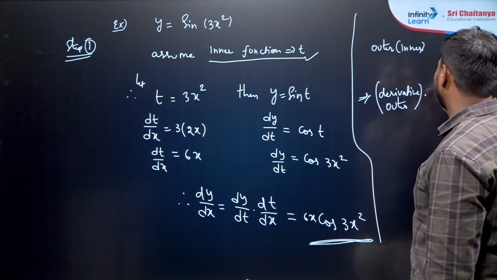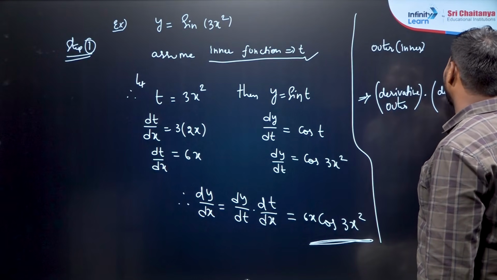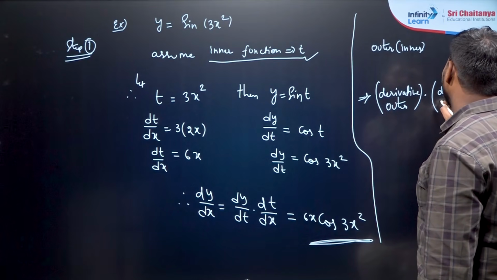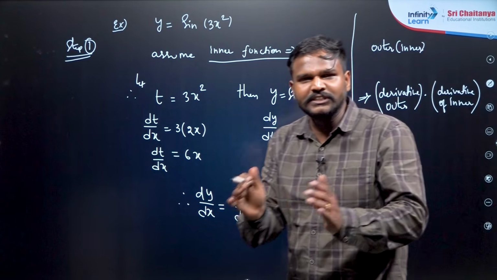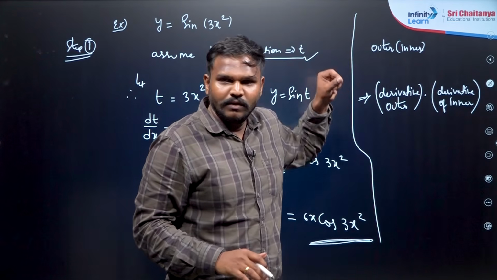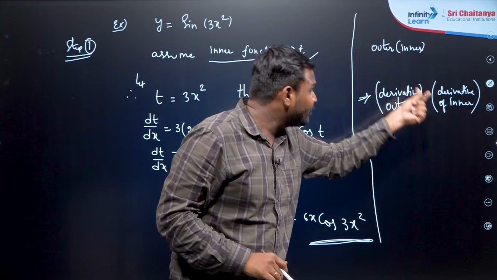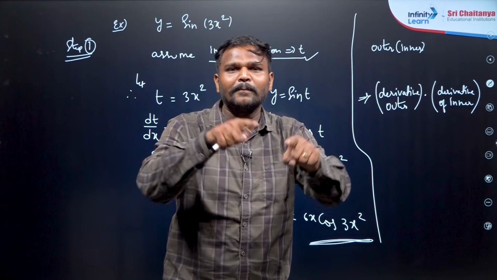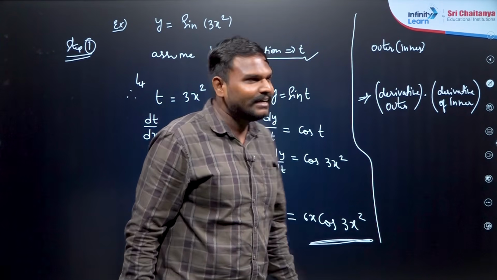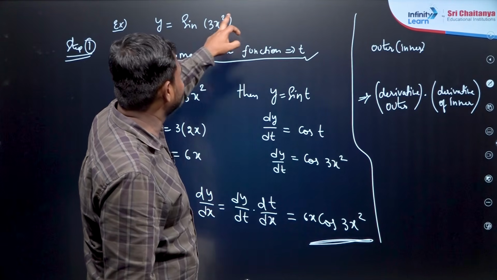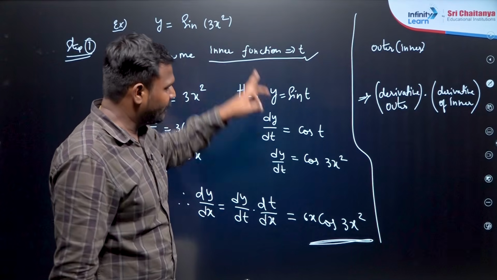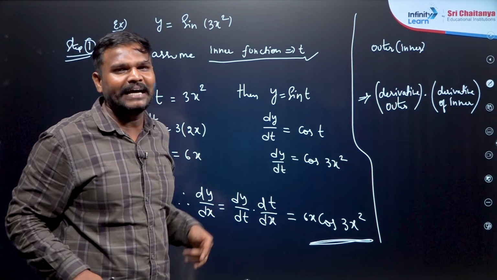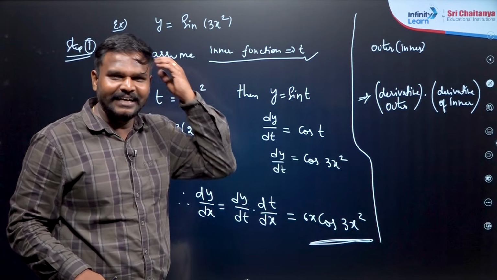So we will multiply with derivative of inner function. So whenever there is function inside function, differentiate inner function, differentiate outer function, multiply them both. Sine 3x square, sine of something, cos of something, 3x square derivative 6x, multiply them. Directly we can solve. Is that clear?